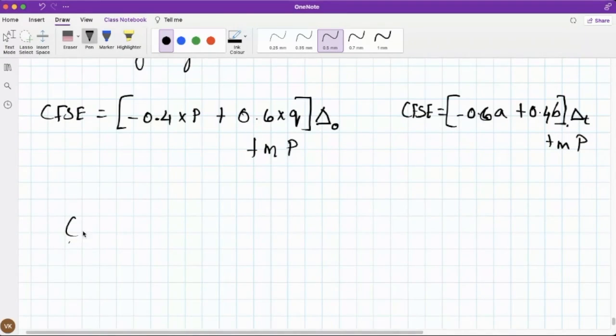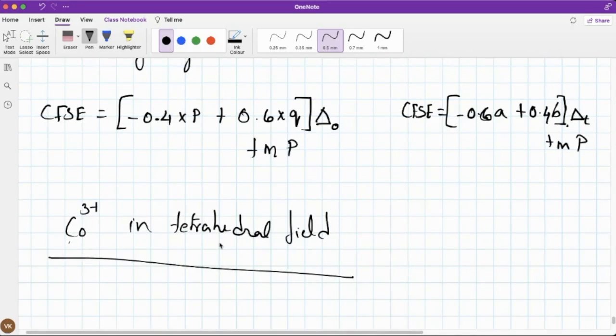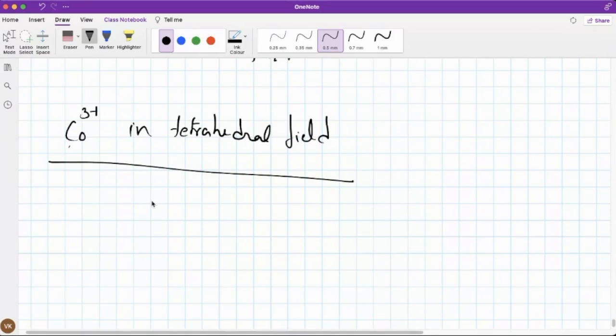Now let's say cobalt 3 plus in a tetrahedral field. Calculate the CFSE and magnetic moment.